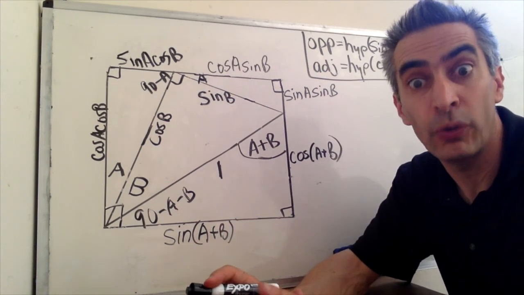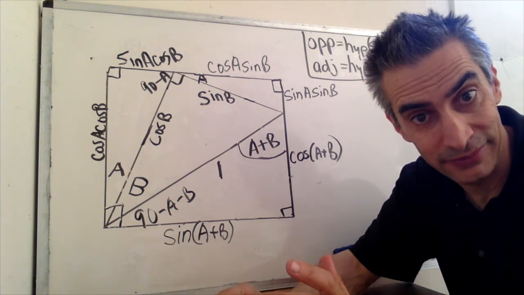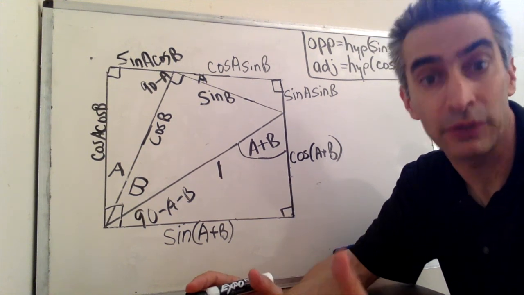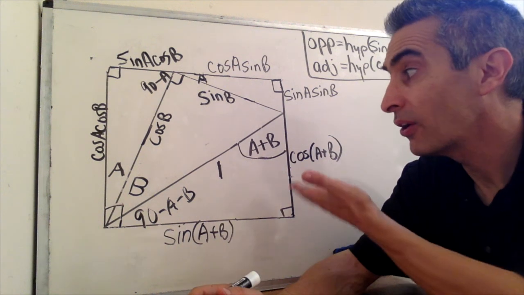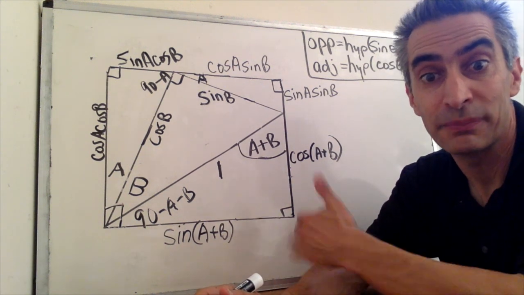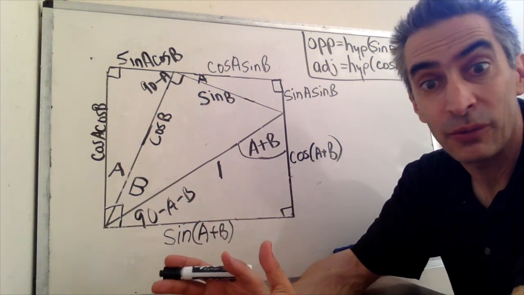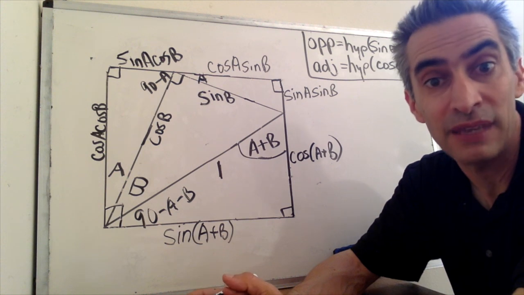Now, ladies and gentlemen, we are just about ready to kick this trigonometric party into high gear. If you've always wanted to know why the cosine of A plus B equals what it does, or why the sine of A plus B equals what it does, it's all laid out right here in this masterpiece that you and I have both created. Let's start with sine of A plus B. Where in our rectangle do you see sine of A plus B?